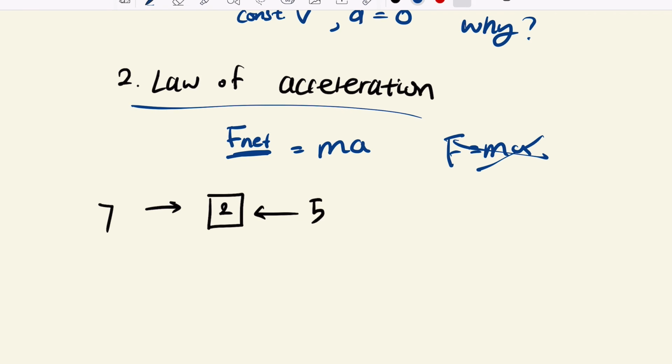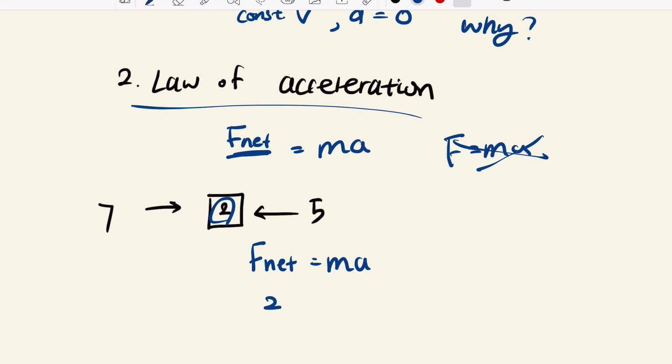For example, if we see an object whose mass is 2, and is being pushed 5 towards the left and 7 towards the right, we'll apply the equation where F net equals ma. So what's the F net? The F net is 2 because it's pushing 5 towards the left and 7 towards the right.